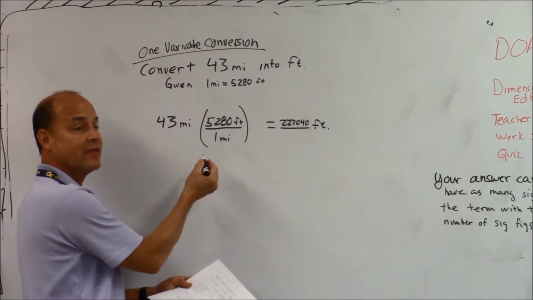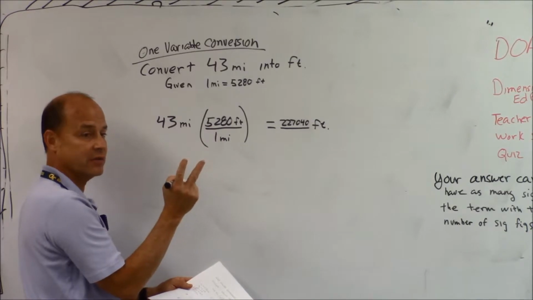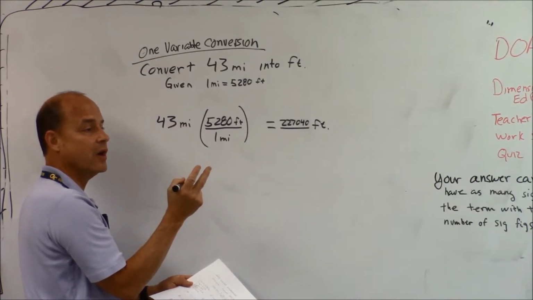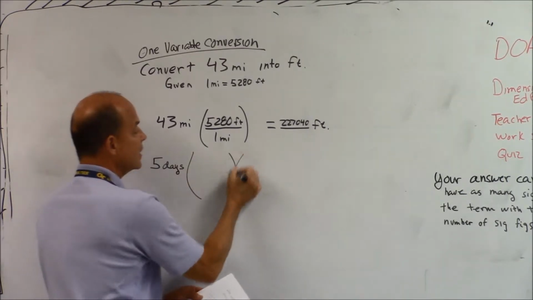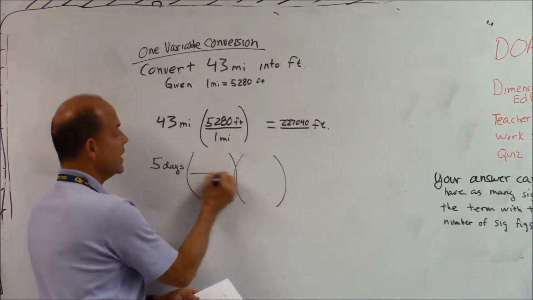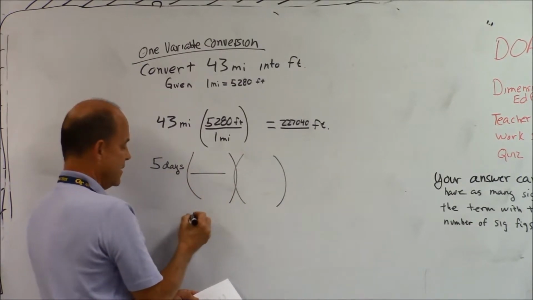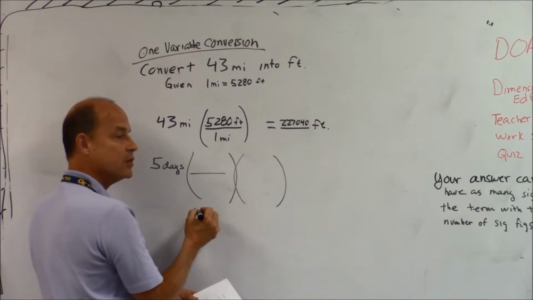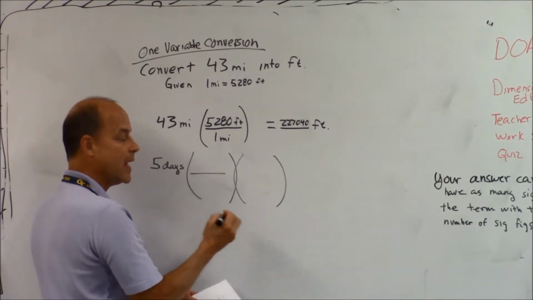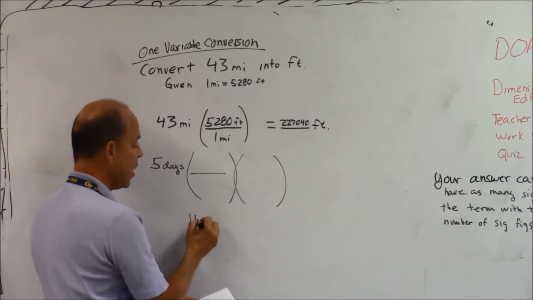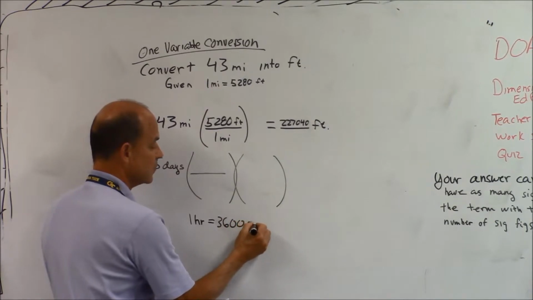So that means you're going to have at least one conversion factor. But there are times when you need two conversion factors. Say we were going from days to seconds. You might need a couple of conversion factors. You might need a conversion factor for days to hours, hours to minutes, minutes to seconds. Or maybe you know that in 1 hour there are 3,600 seconds.